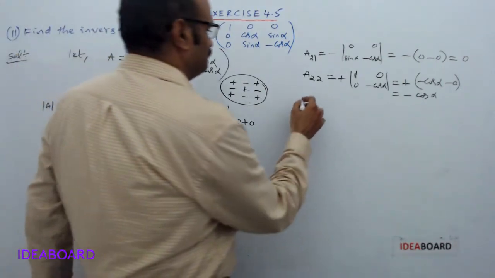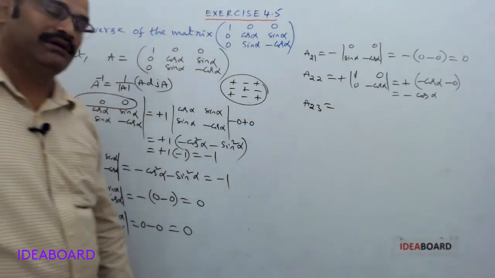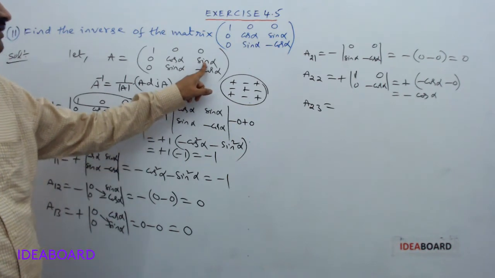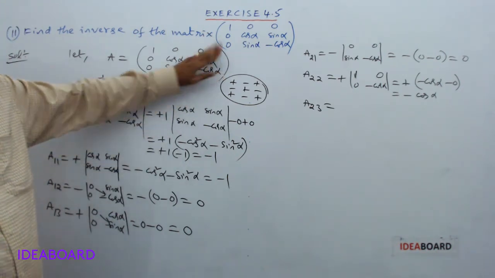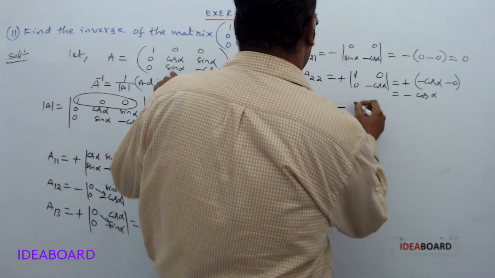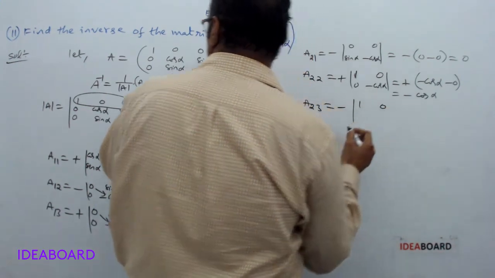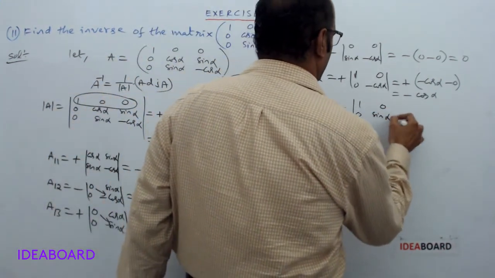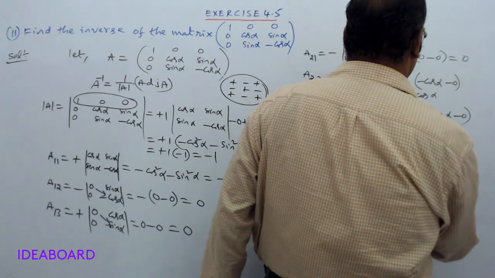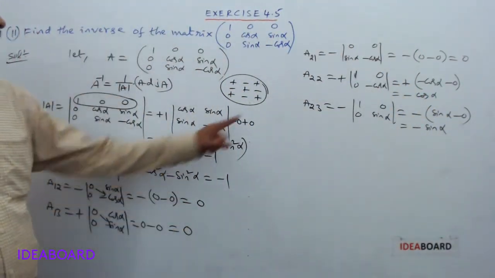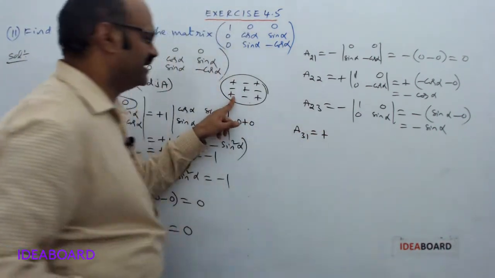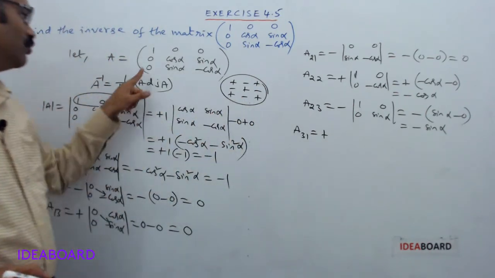Next A23, second row and third column, the cofactor of sin alpha. The remaining elements are 1, 0, 0, sin alpha, with the sign minus, giving minus of sin alpha minus 0 equals minus sin alpha. Now A31, the sign is plus, cofactor of 0.